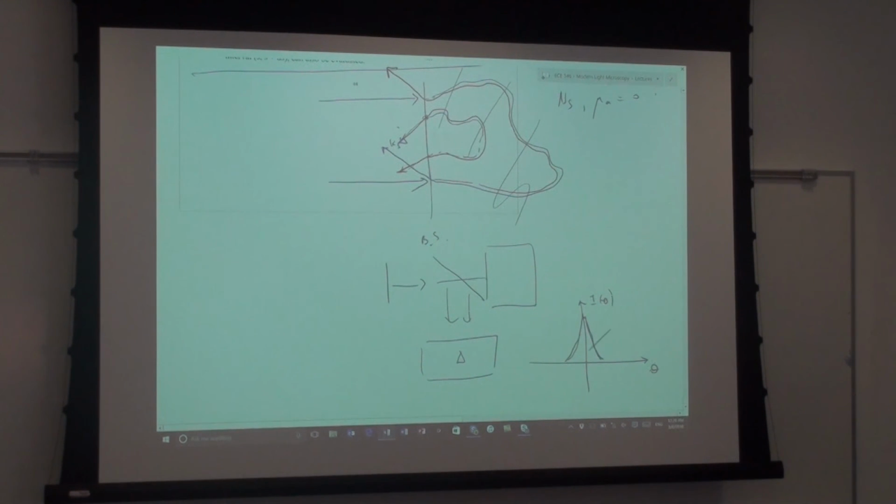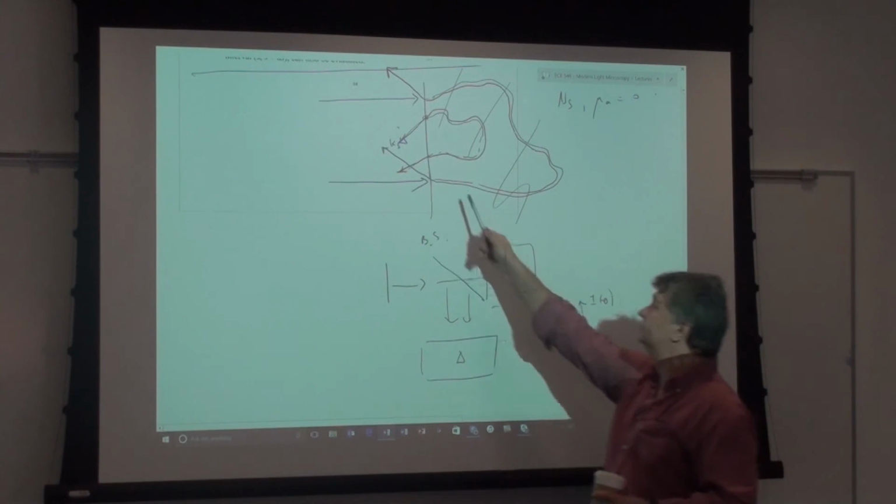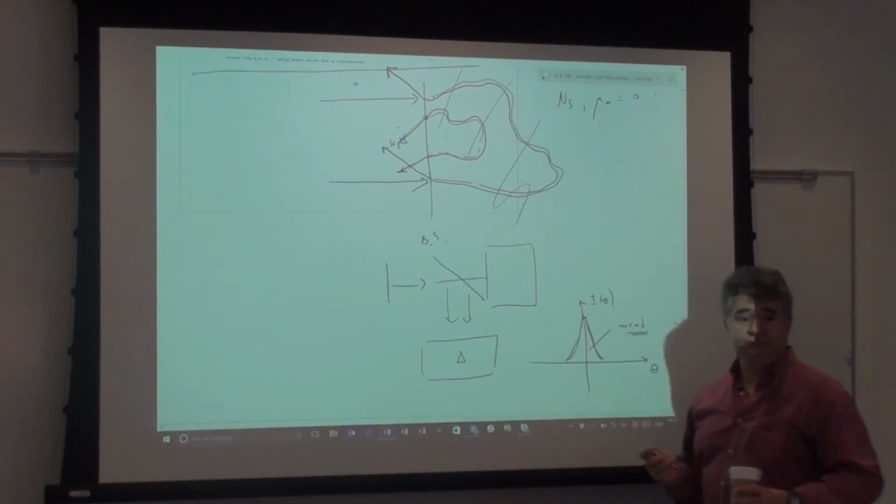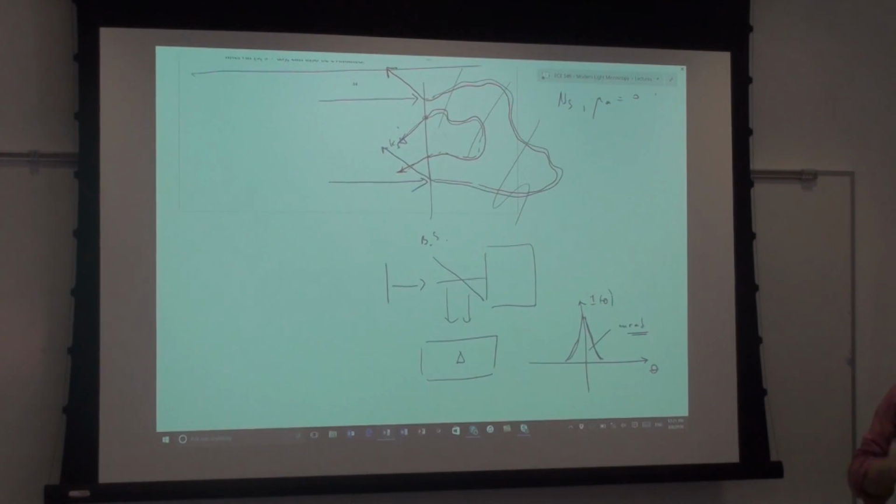Very, very narrow. These are milliradians. This is a coherent effect in a completely scrambled medium. It's called enhanced backscattering or coherent backscattering.